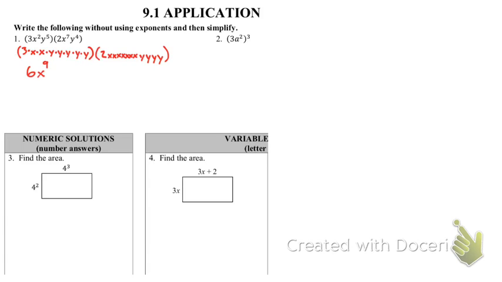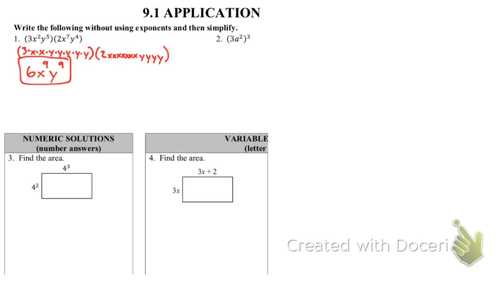Then we're going to do the same for the y's. We have 1, 2, 3, 4, 5 y's and 4 y's. Together it gives me 9 y's.